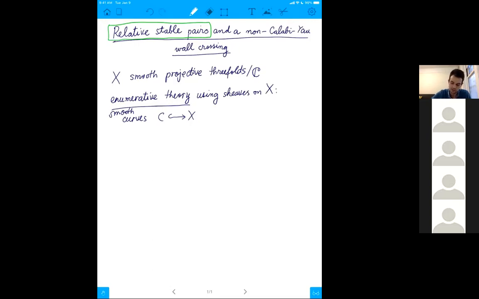And when using coherent sheaves, what we'll remember out of this data is the ideal sheaf. So we would like a moduli of sheaves that contains all these ideal sheaves.